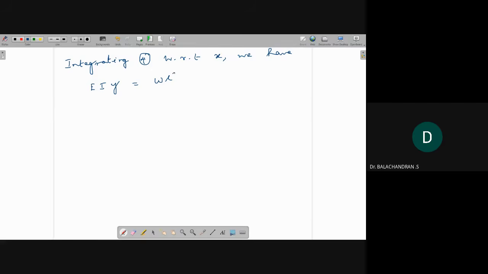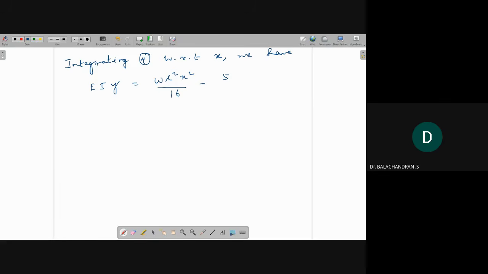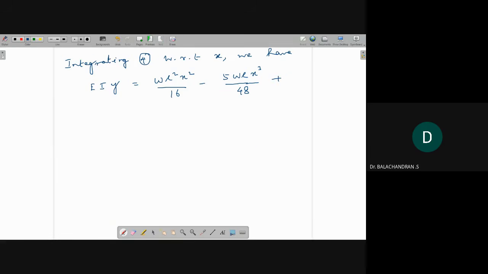Omega L square x square by 16 minus 5 omega L x cube by 48. So finally you have omega x power 4 by 6 into 4, 24, plus a constant b. So I need to find the constant b. I call this equation 5.